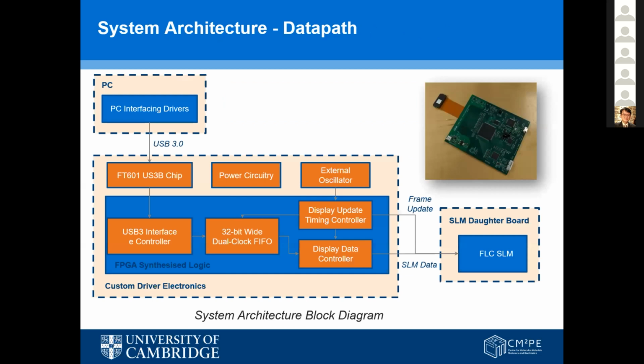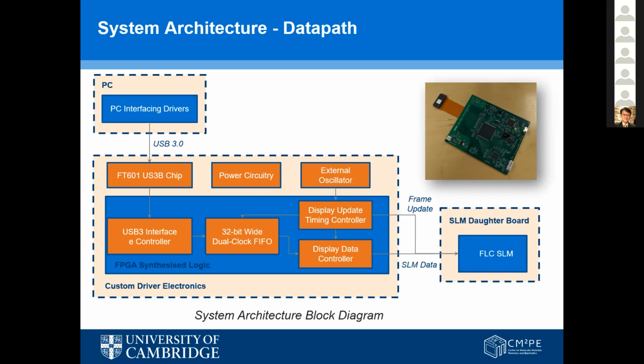Going through that again in a bit more detail, on the top right you can see the custom electronics board that we've put together. The SLM itself is connected via that flexi ribbon cable. The majority of the work for the project actually ended up being in the FPGA logic, and you can see that in this block diagram here.